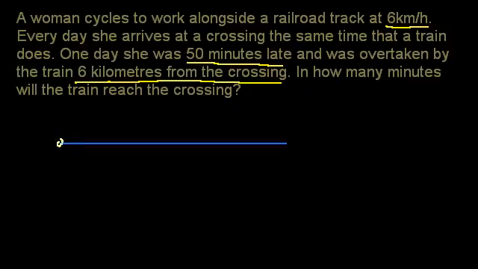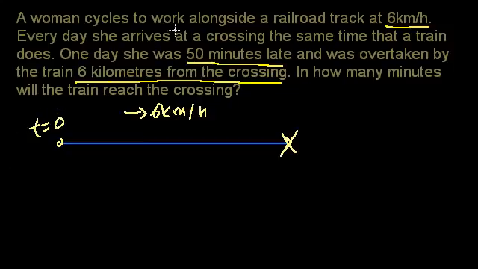Anyway, she leaves here. Let's say she leaves here at time is equal to 0. And right at this point right here, maybe that's where the railroad crossing is, the train passes her up. And she's traveling at 6 kilometers per hour. And what else does it tell us?